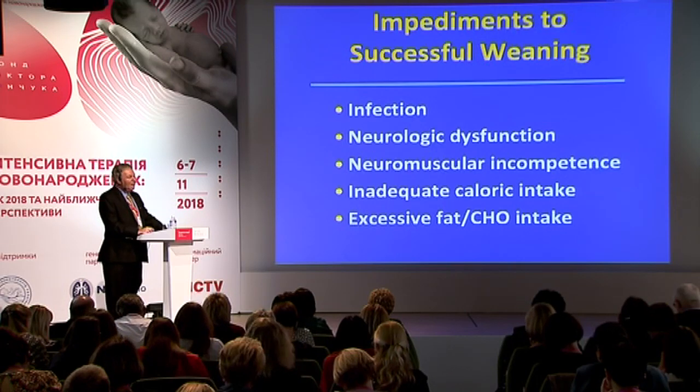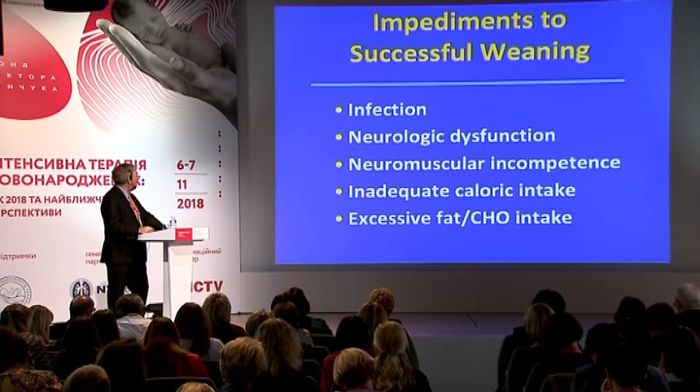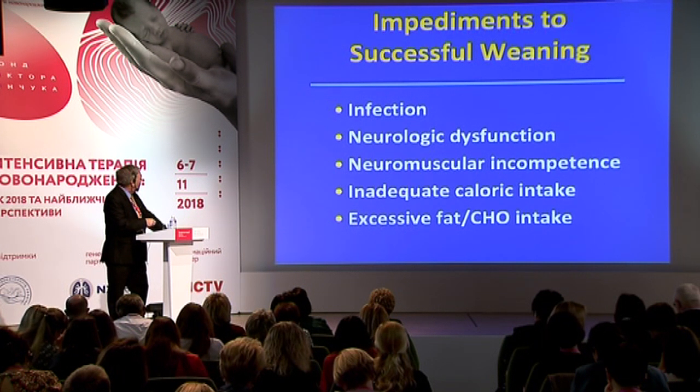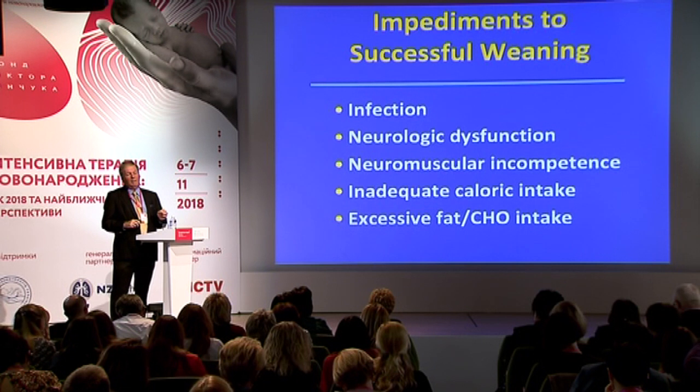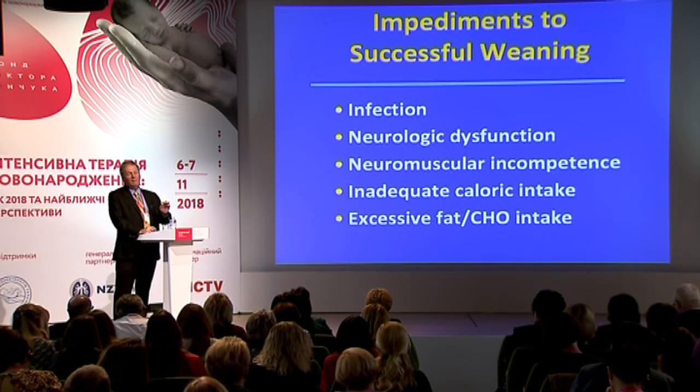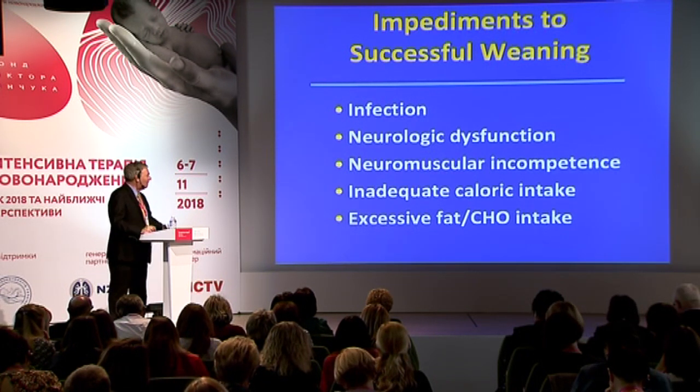Now, there are also a number of impediments to successful weaning that we can recognize: infection, neurologic dysfunction, or neuromuscular incompetence. We see this particularly with the higher grades of IVH, intraventricular hemorrhage, and periventricular leukomalacia. Inadequate caloric intake. If we're not getting enough calories into the baby, if we're not giving enough fuel, the baby is likely to fail extubation.